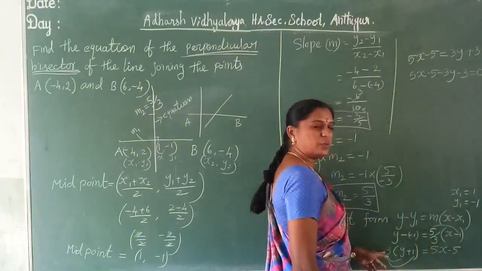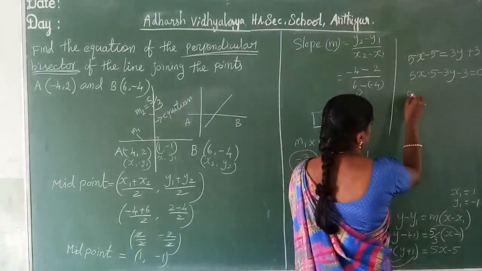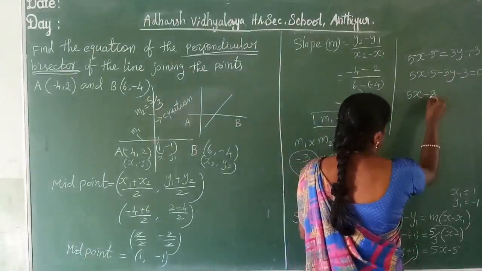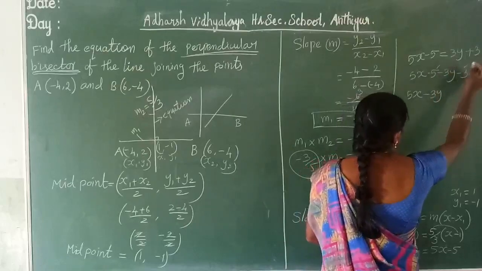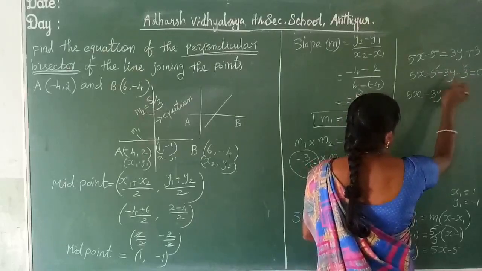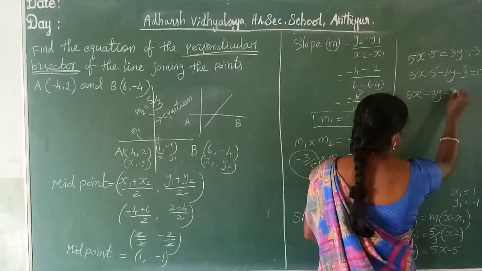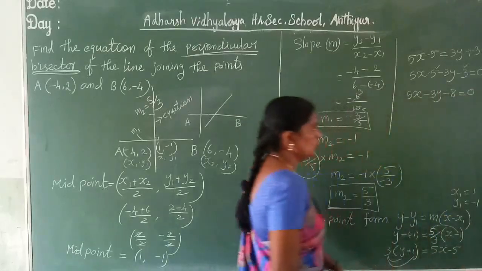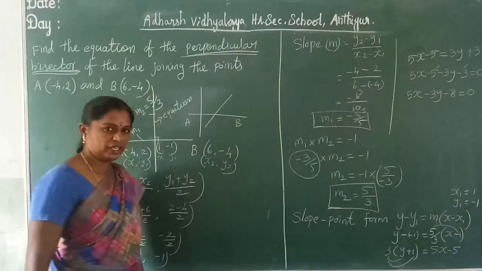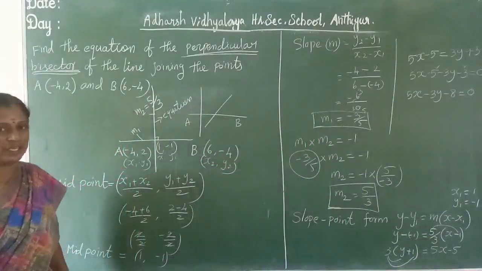Next collect the x term, y term and constant: 5x minus 3y, and adding 5 and 3 gives 8, with the minus symbol already there, so minus 8 equal to 0. So the required equation is 5x minus 3y minus 8 equals 0.